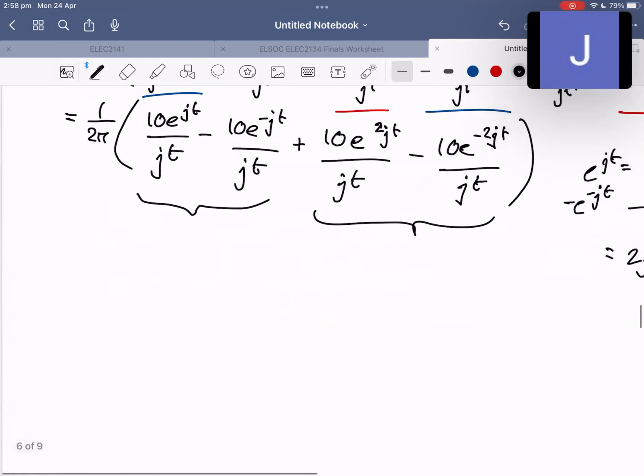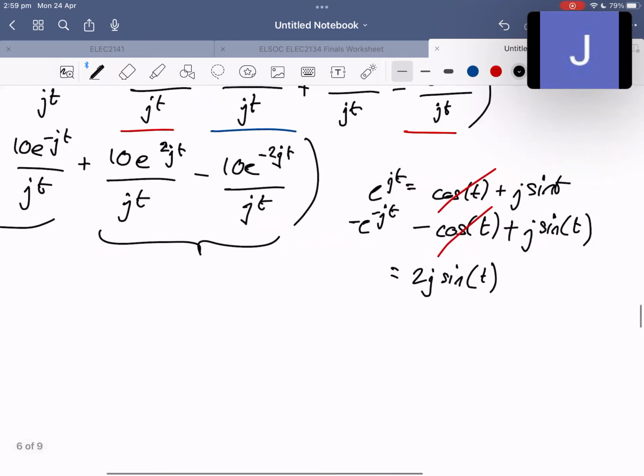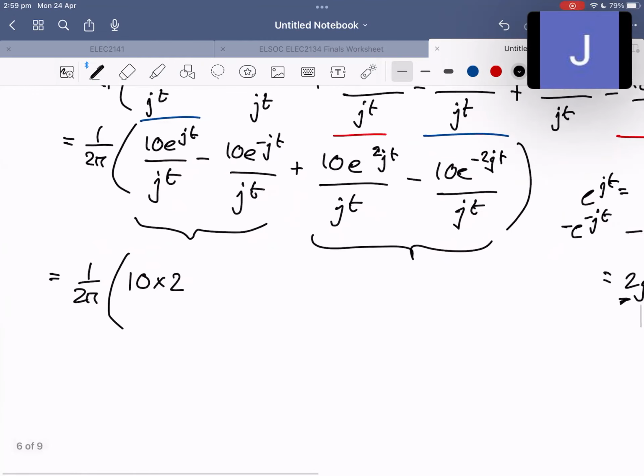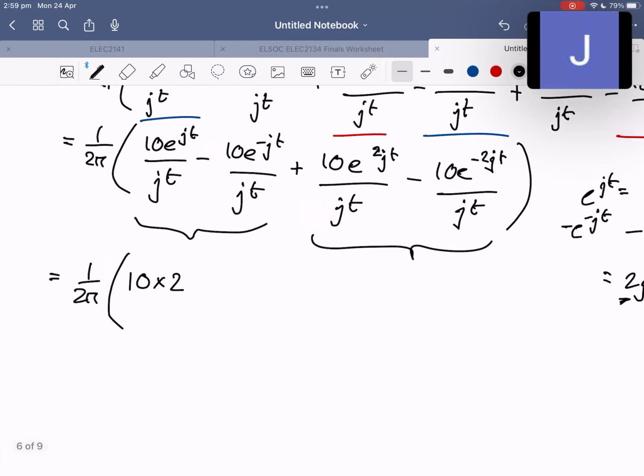So bearing that in mind, I can write this as 1 on 2 pi times 10, and then we multiply by 2 because there's a factor of 2 out here. And there's also a factor of j, so it cancels with the j in the denominator, and we're just left with t in the denominator, and we get sine of t.